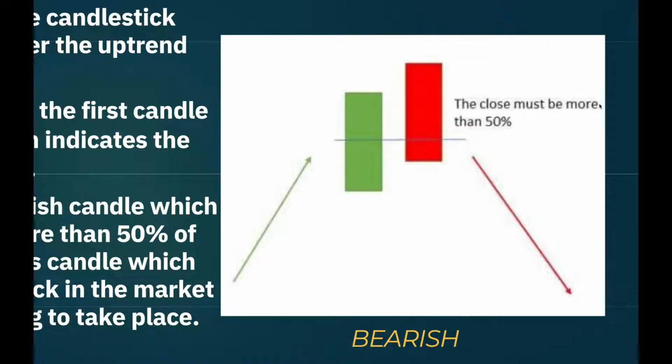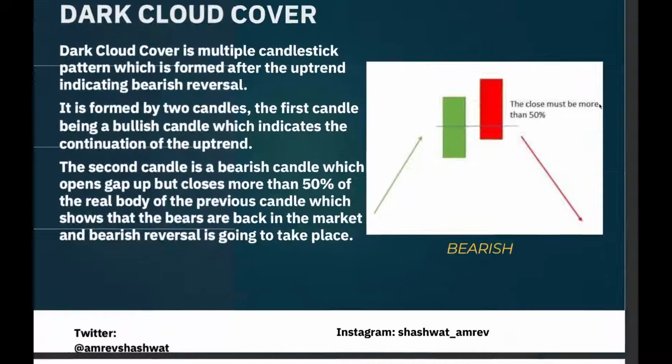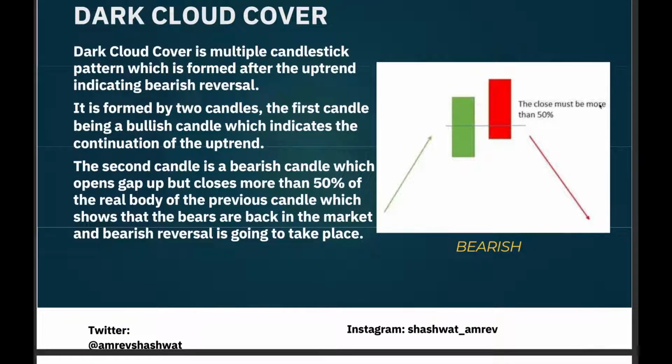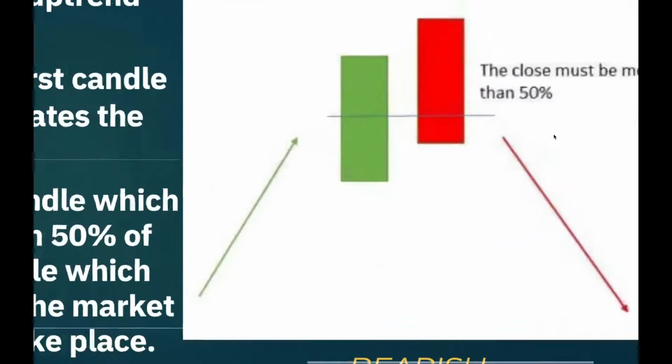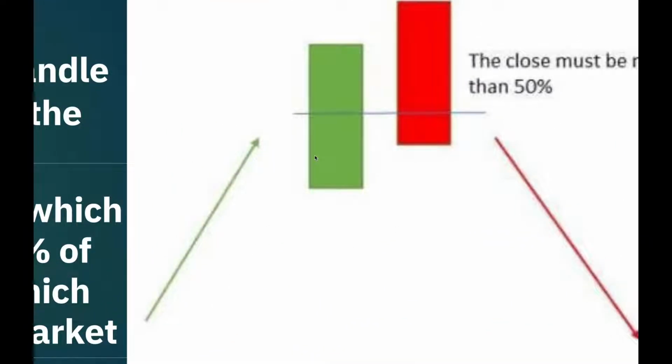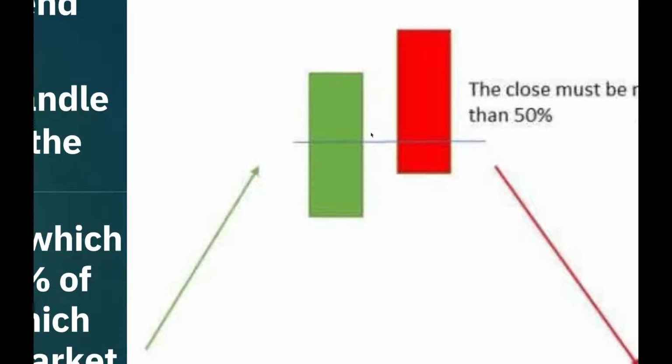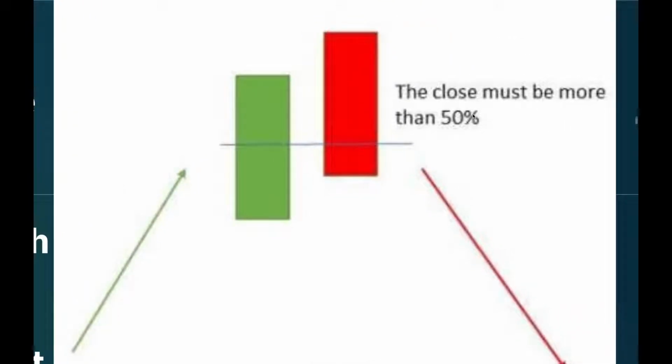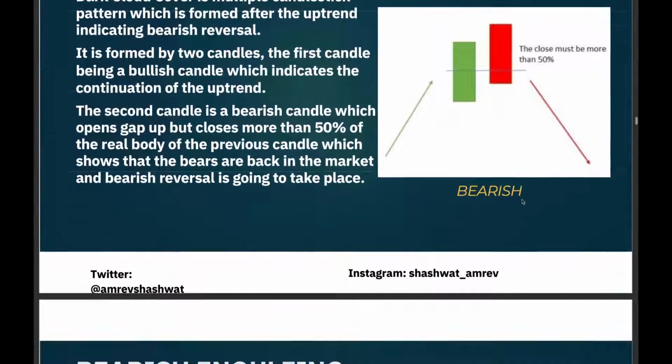So this is known for a bearish move, and the complete overall scenario over these two candles is known as dark cloud cover, a multiple candlestick pattern which is formed after the uptrend. First condition, it is formed after the uptrend. Second condition, this close must be more than 50%. I hope this is clear to everyone.